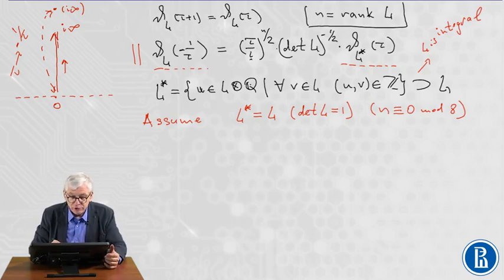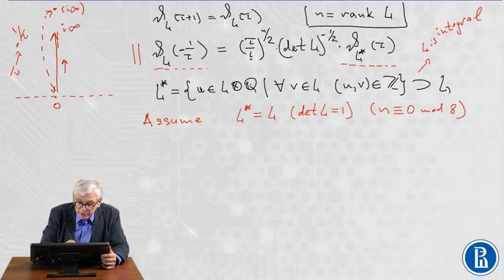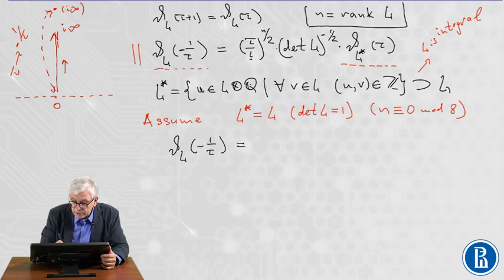Then the functional equation has the following very nice form: theta function at -1/tau is equal to tau over i to the power n/2 times the theta function of L at tau.